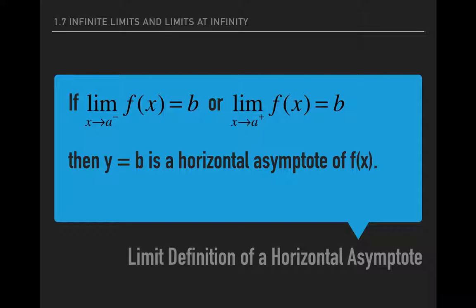And that b value is your horizontal asymptote of the function. So the limit of your function as x approaches infinity is b, or the limit of your function as x approaches negative infinity is b. That is where your horizontal asymptote will be occurring.